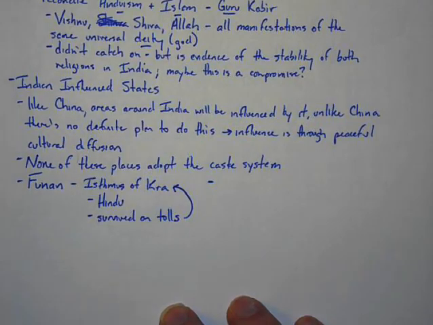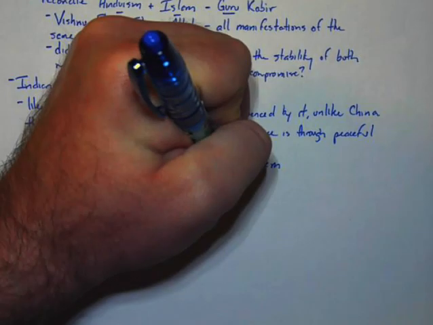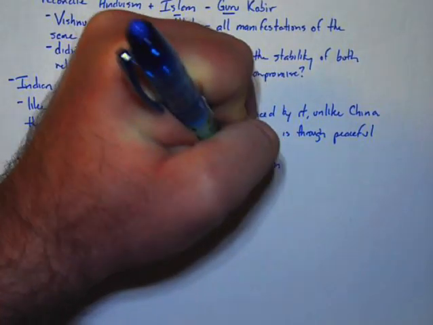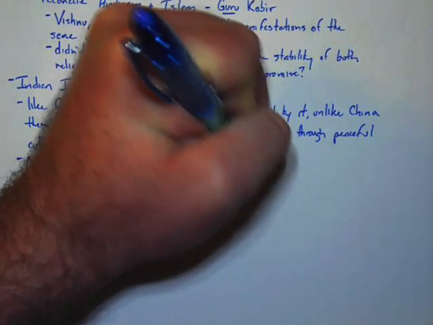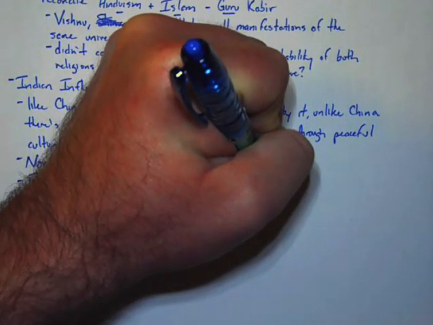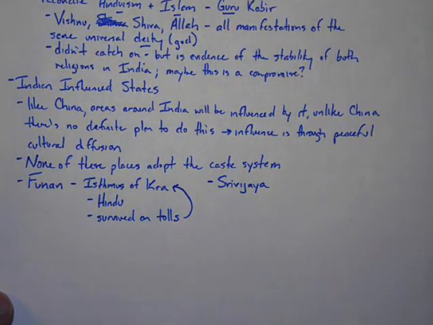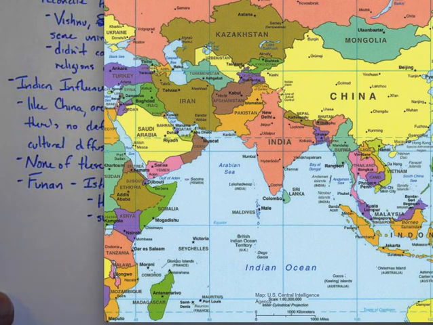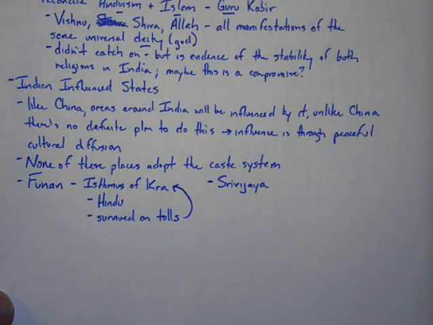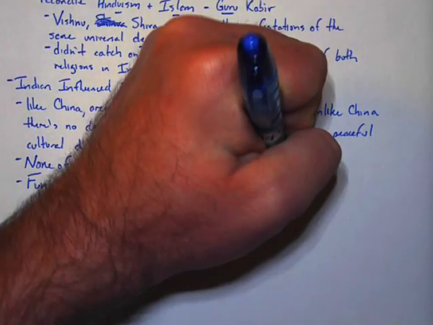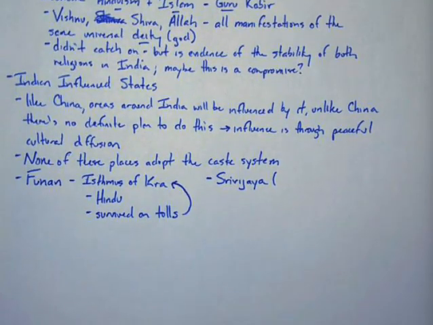Another place that was influenced by India is a place called Srivijaya. So Srivijaya is also, it's over here, or it was over here. And they are very similar to the kingdom of Chola that we talked about in the previous video.